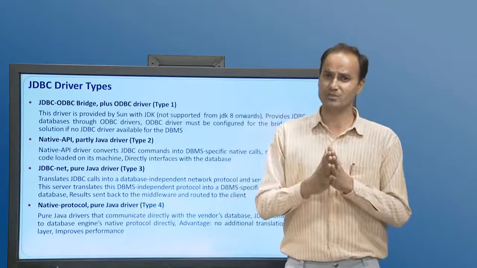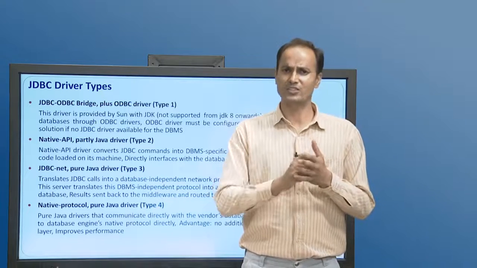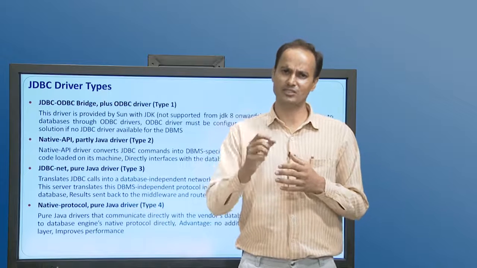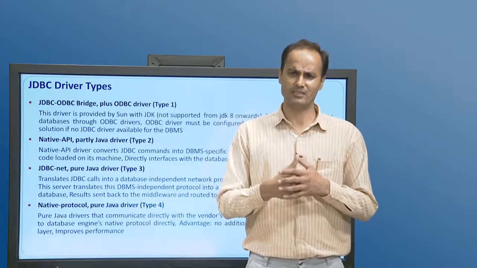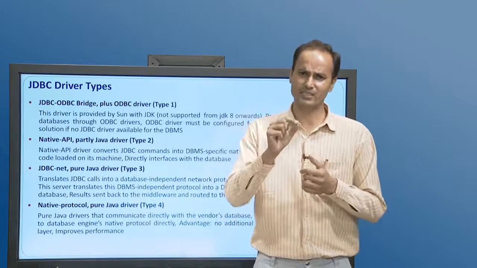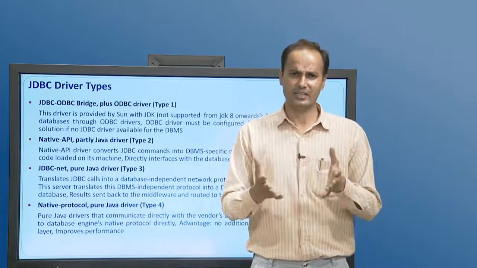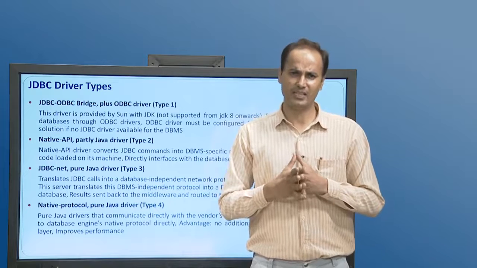The JDBC-ODBC bridge works by using the ODBC driver to establish connections with the underlying database. It came built into the JDK, but from JDK 8 onwards it is not supported in the JDBC API.